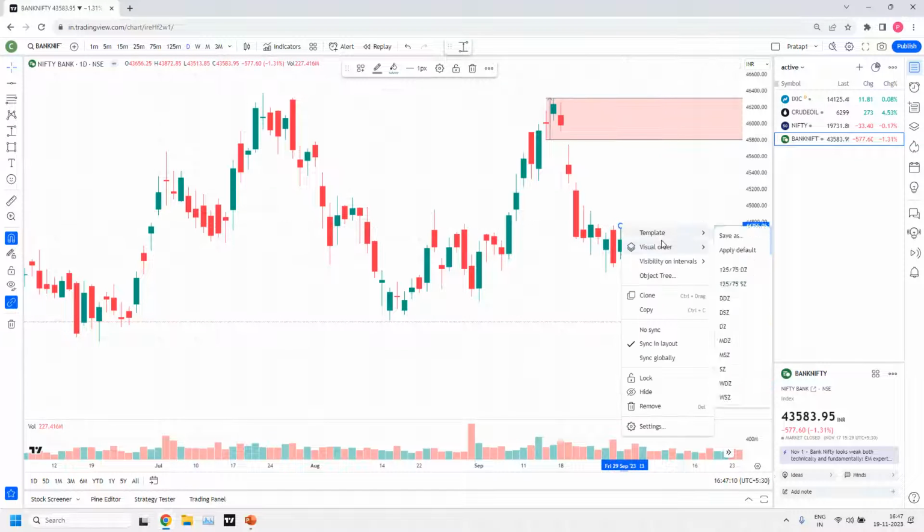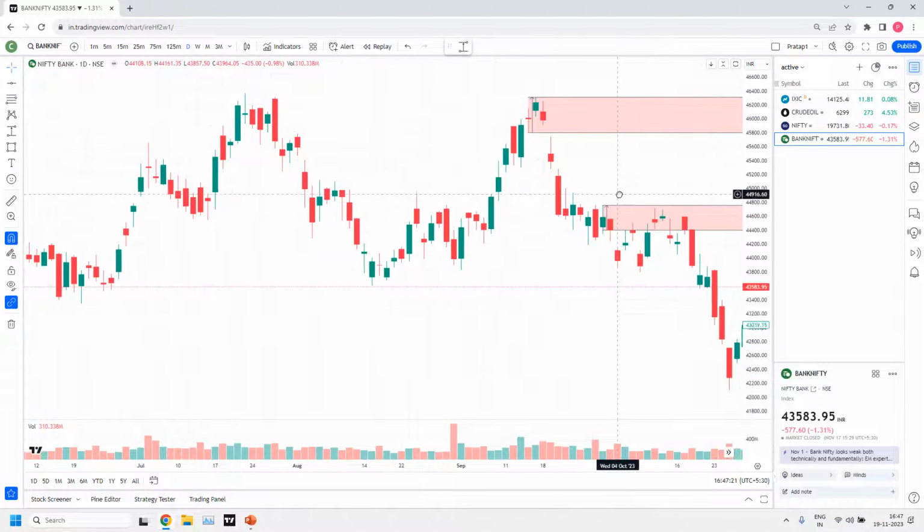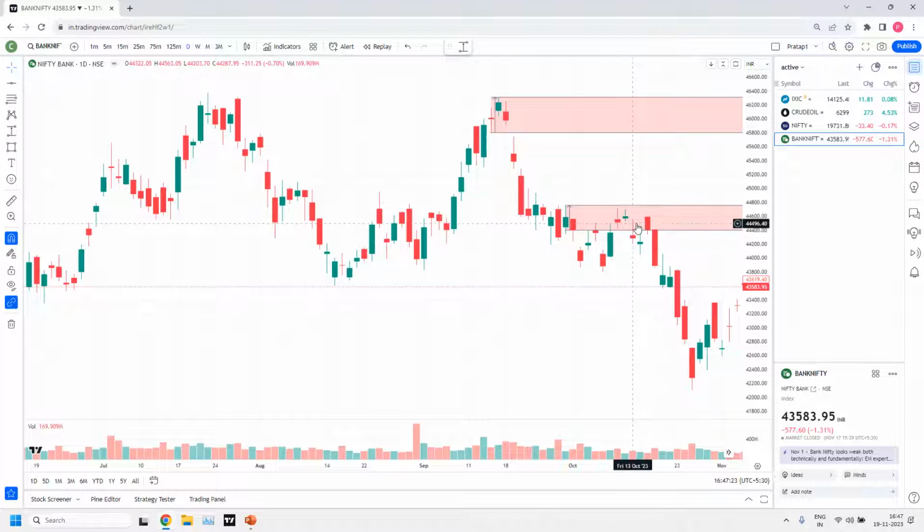Let me change the color. So we have a supply zone, red color. So the trend is still downtrend. See here, we have one more demand zone here that is also broken.